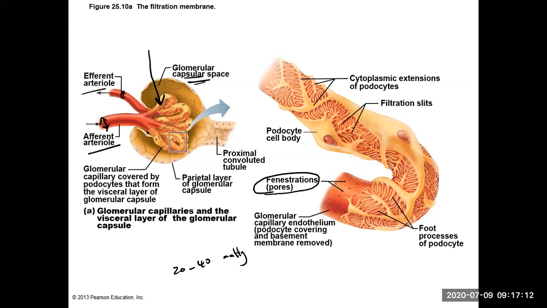The layers surrounding the glomerulus capillaries have these podocytes. Podo means feet, cyte means cells. You can see the nucleus, but it looks like they have tiny little feet, and the feet come in really next to one another.